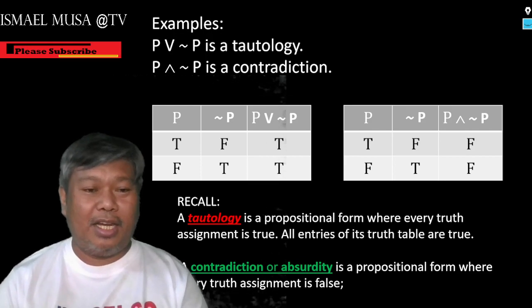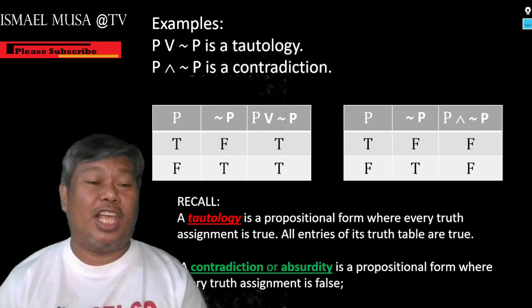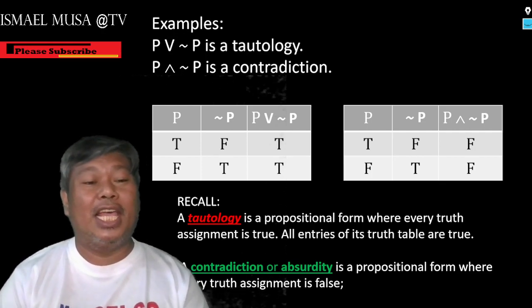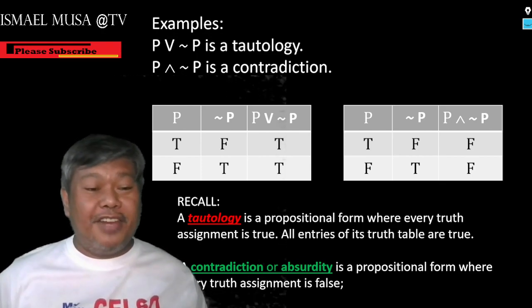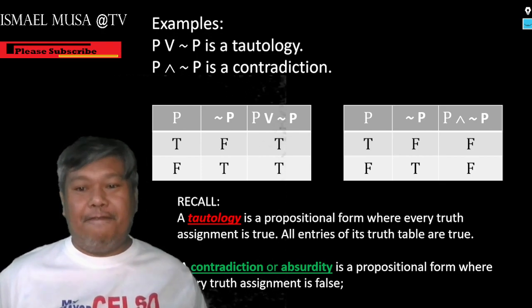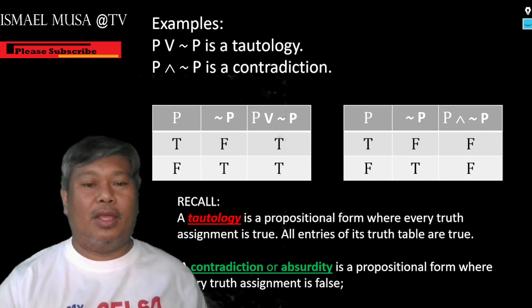You see the independent statements here, this is true, this is false, and this is false, this is true. But when we make the conjunction, it's all false. Therefore, it's a contradiction, or we call it an absurdity. It's a propositional form where every truth assignment is false.